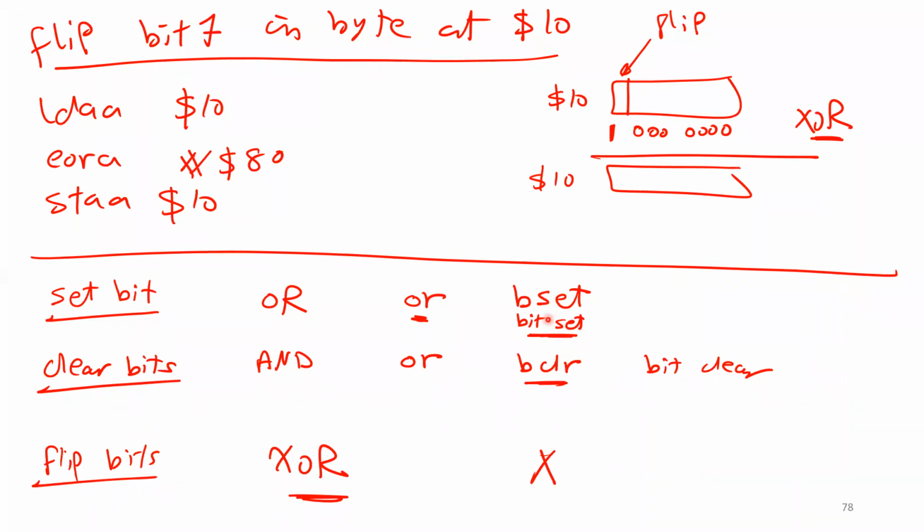But keep in mind, these only work for memory locations, so they cannot work for a register. If you want to work on a register, you don't have an option other than these two. Or if you want to flip some bits, you can use XOR as I explained here. However, we don't have bit XOR, so we don't have something like that for XOR. Okay, guys, any questions?